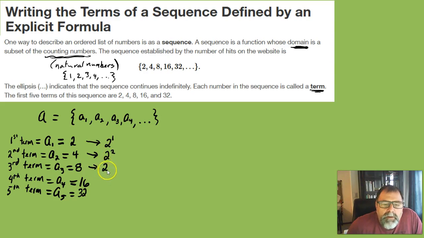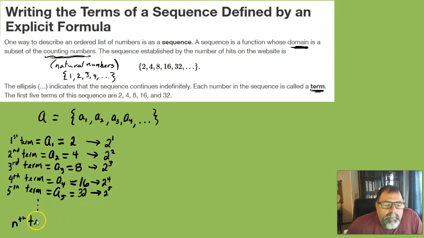Once you recognize that, you can get an explicit formula for the nth term. I should finish this one: 2 to the 5th.